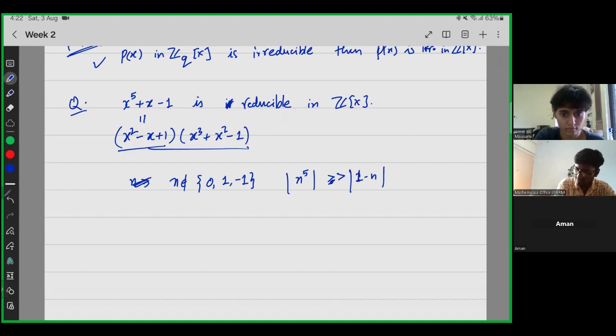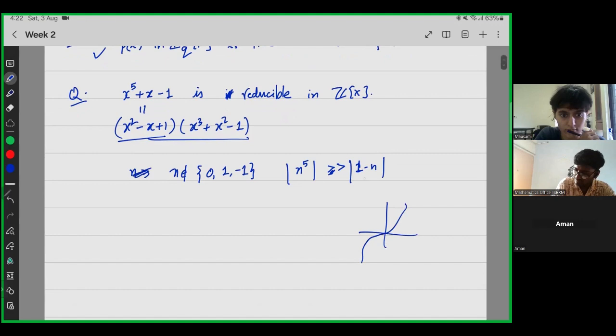You can look at the graph of x^5 and 1 minus n.